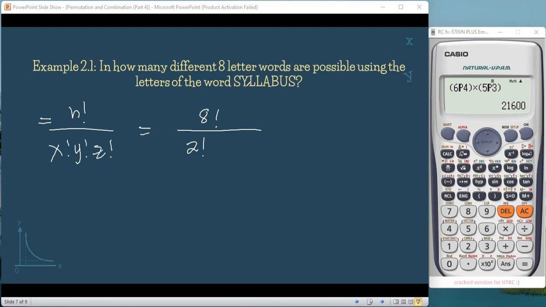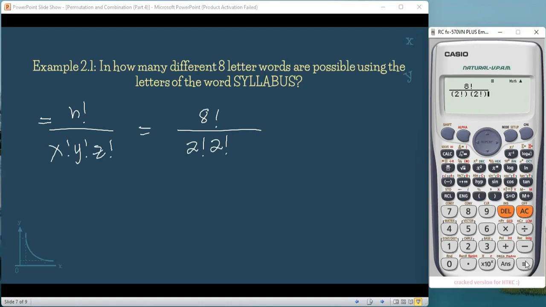Si Y po na ulit? Hindi po. So, si L na ulit? Yes po. Ilang beses po? Dalawa din po. So, that is 2 factorial also. So, now, si A na ulit po ba? Hindi po. Si B na ulit, si U na ulit, hindi din po. So, ibig sabihin, ito lang po yung pwede nating makompute. So, now, using our calculator, that is 8 factorial divided by 2 factorial times 2 factorial.